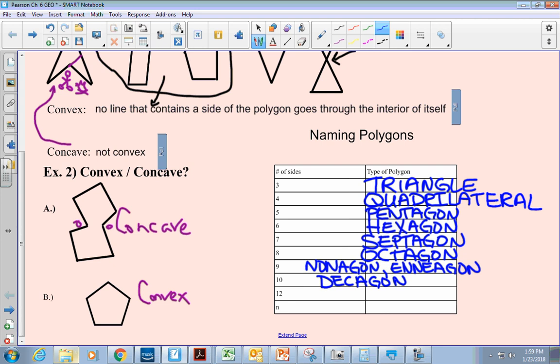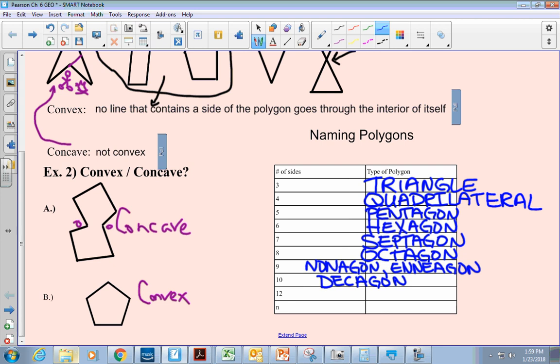A twelve-sided figure. This one is a fun one. What is two in Spanish? Dos. So think about this: what's a ten-sided figure? Decagon.